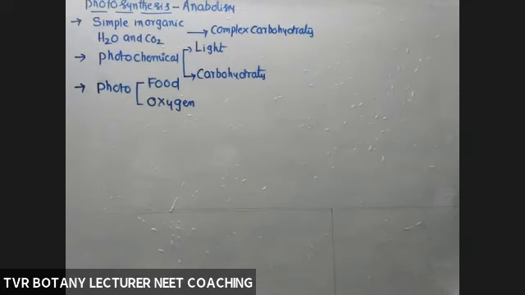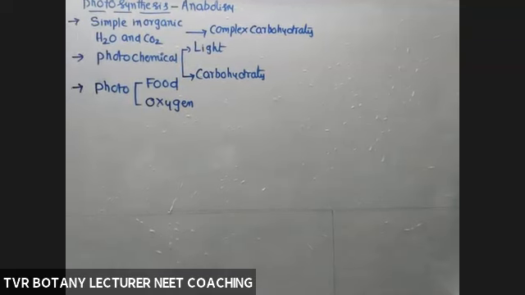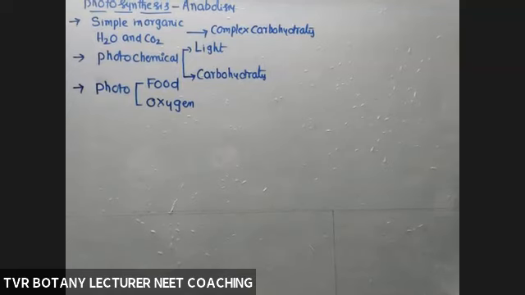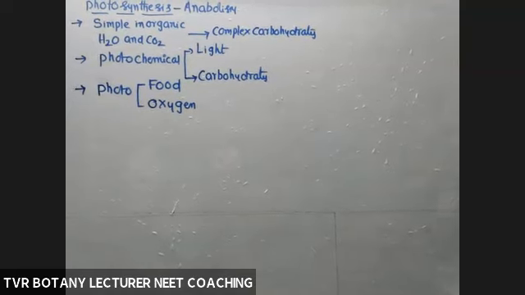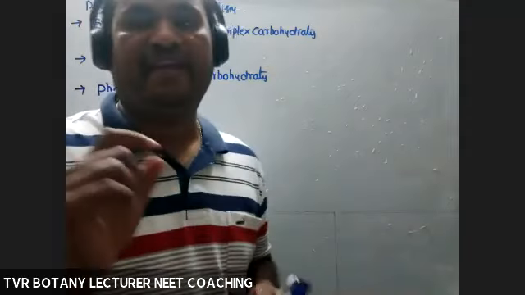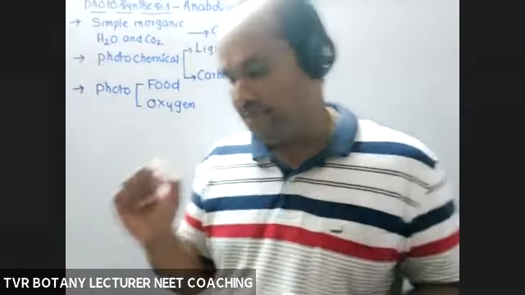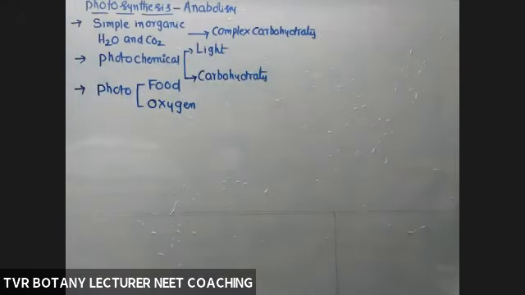So the importance of photosynthesis is not only food, but also oxygen. Okay. So it is a photochemical reaction, right? So during light reaction, sunlight, radiant energy is converted into chemical energy, ATP and NADPH plus H+, right? So that's about the introduction part of photosynthesis.